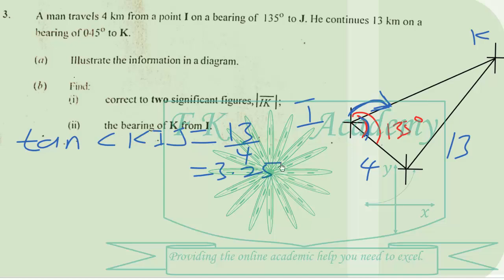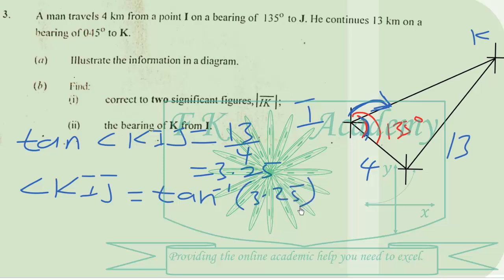So angle KIJ will be equal to tan inverse of 3.25, and that is giving us 72.897.